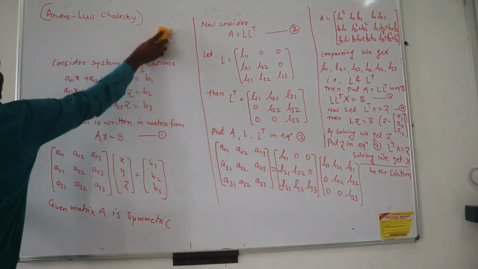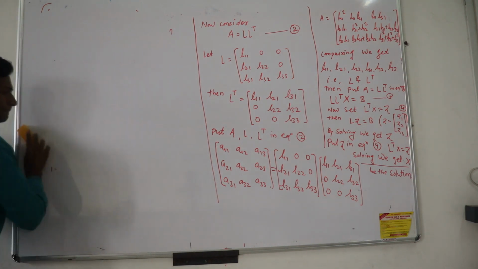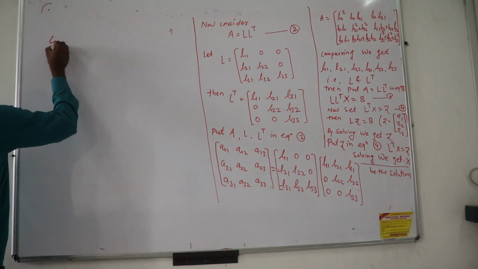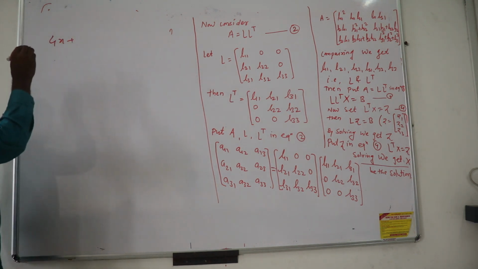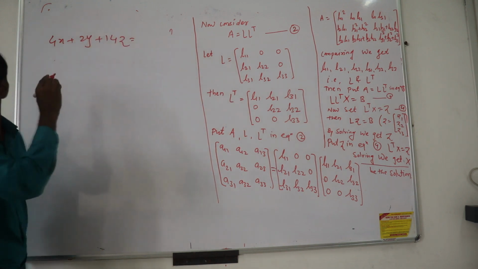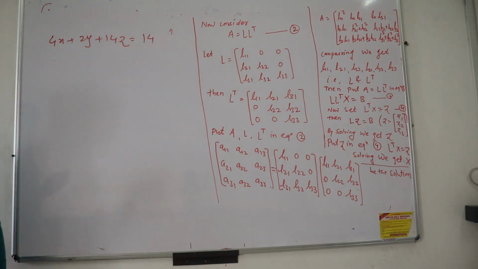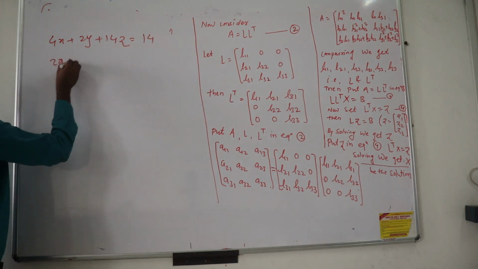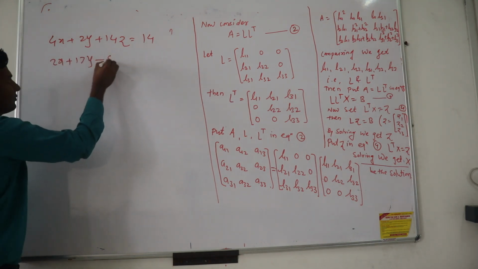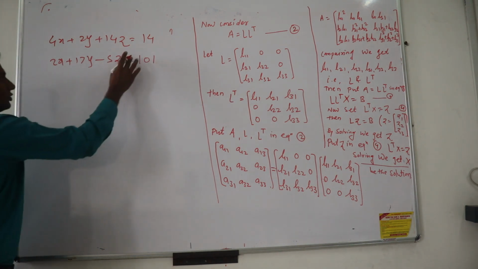We take a direct example of this method. Example: 4x plus 2y plus 14z is equal to 14. Next, 2x plus 17y minus 5z is equal to minus 101.